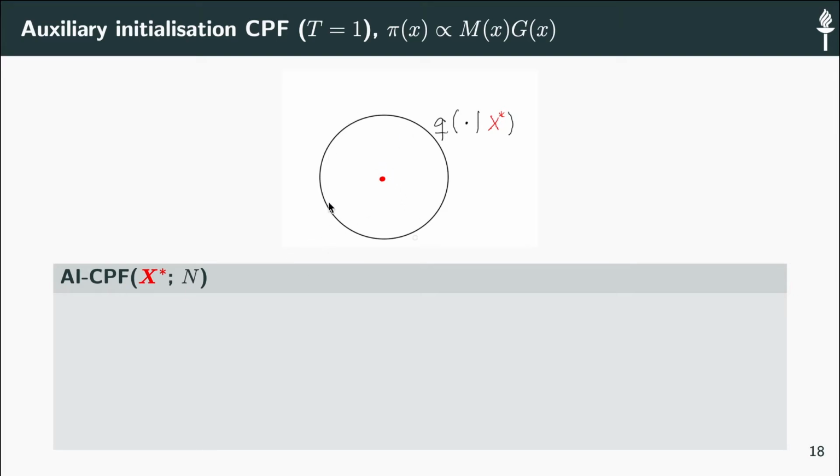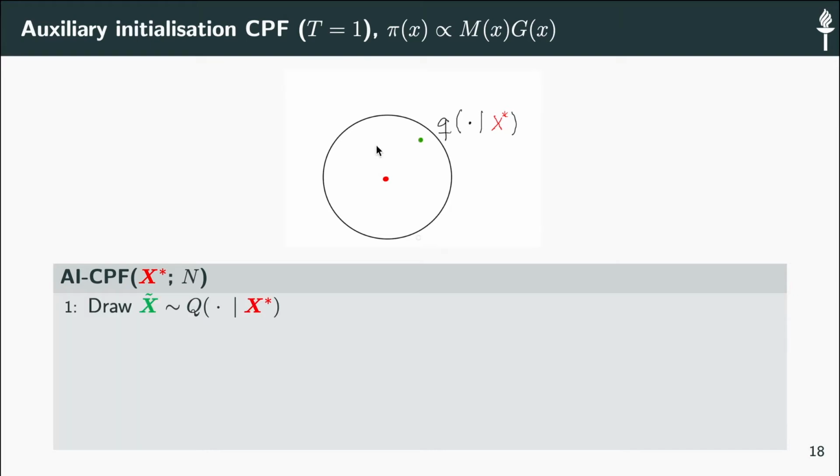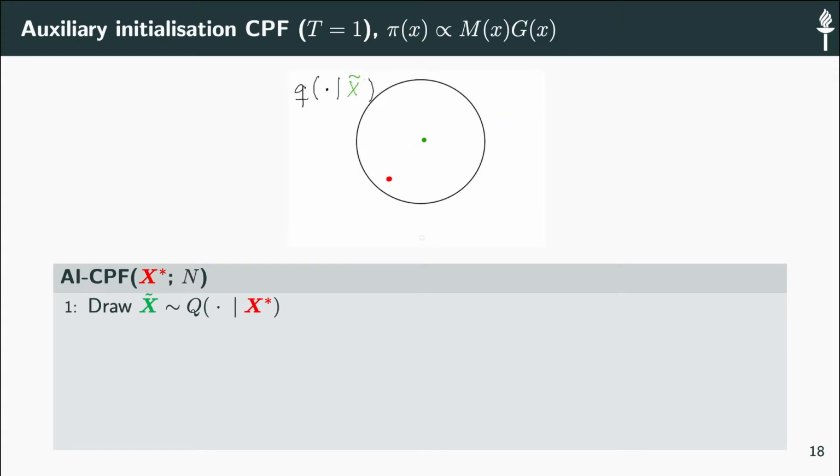So we still have the same situation. We are at the current reference point, the red point here on the plane, and this is our proposal here. But instead of drawing all the particles from this proposal as we attempted before, let's pick just one particle, or one green point, out of this proposal distribution. And then let's forget about the red point entirely for a while, and focus on the green point.